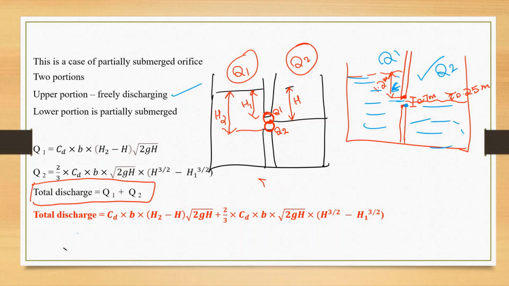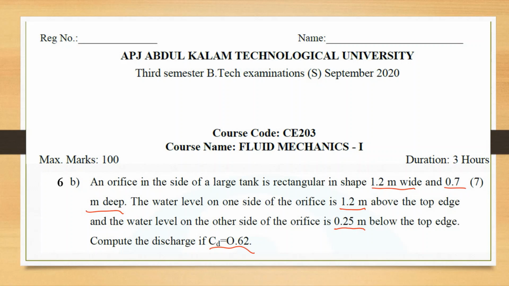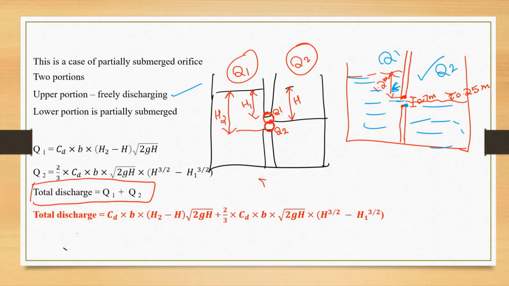Now let us come back to our question. Here in our question, from this figure, let me write down: H1 is equal to 1.2 meters, and H is the height of this water level, so the difference between both water levels. Let us say this height is 1.2 and this height is 0.25.